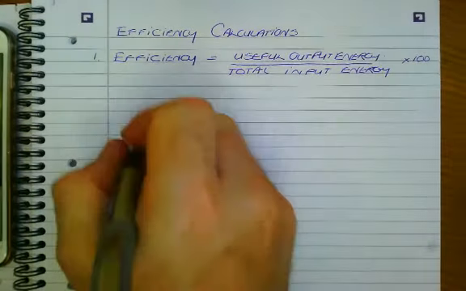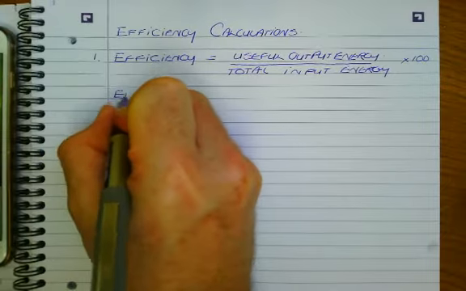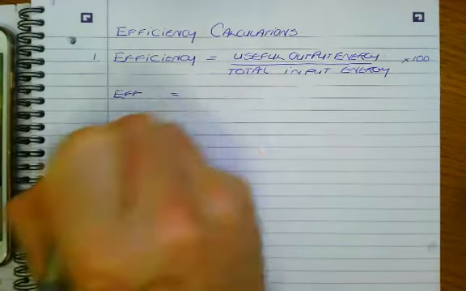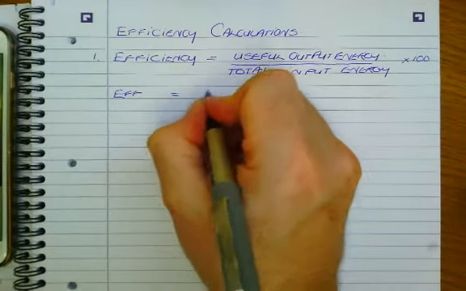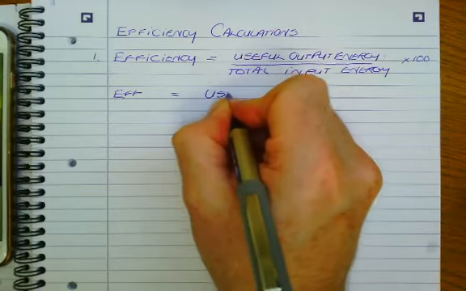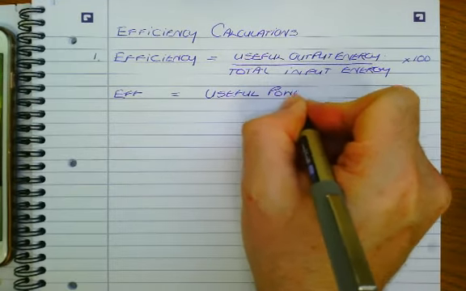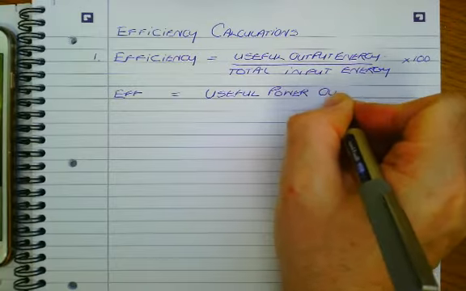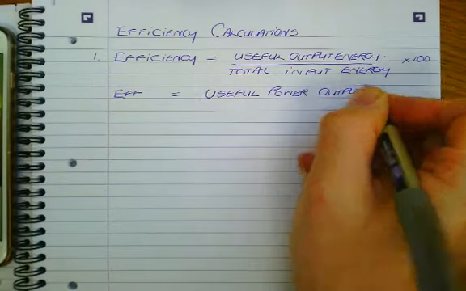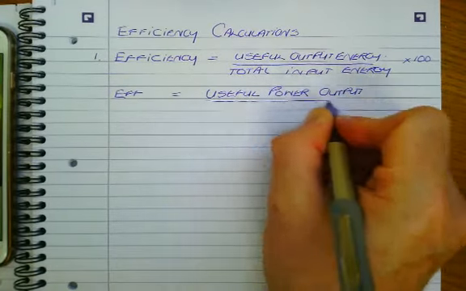The second way that you can express it, or may be asked to calculate it, is if you were given power. So useful power out divided by the total power input.